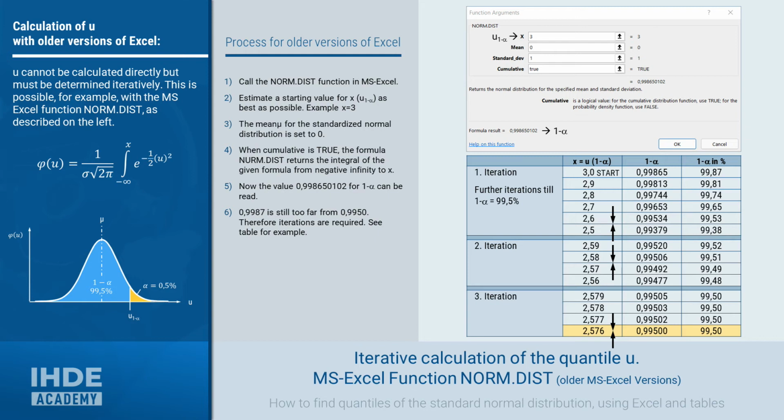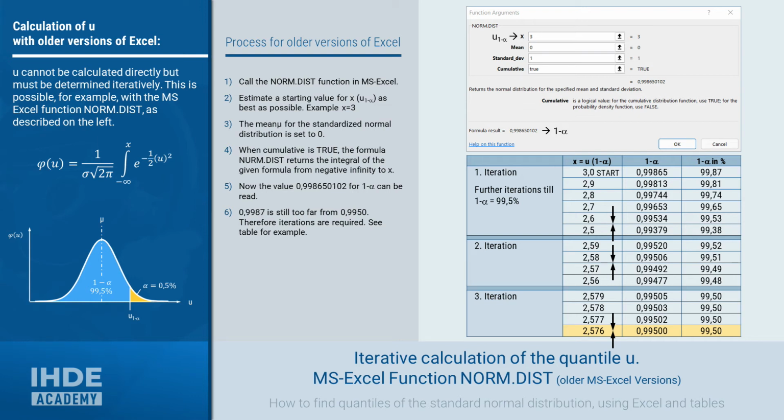With older versions of Excel, we must approach the result iteratively. To do this, we use the function NORM.DIST, where x is the estimated starting value for u. The closer this estimated starting value is to the end result, the better.